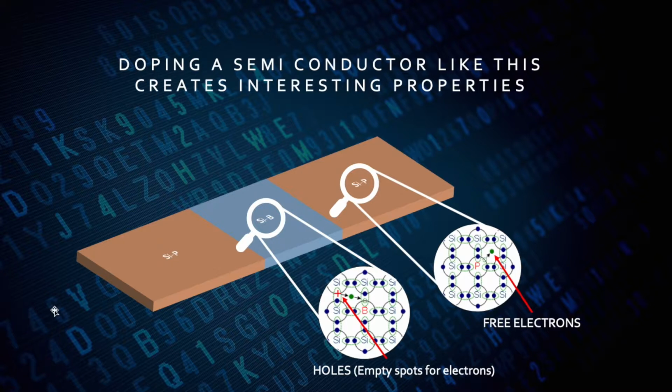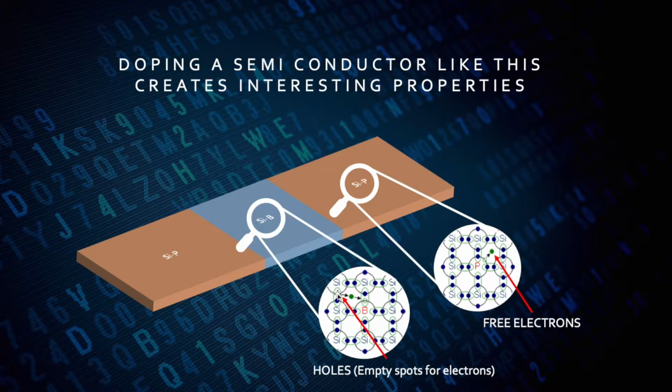If we look at the 3 regions that we doped, and check out the region that we've doped with boron, we can see in the atomic structure that we have 1 boron atom surrounded by 8 silicon atoms. Given boron is in the third group of the periodic table, all we really need to know is that this arrangement means that there is an extra spot for an electron that is not met.